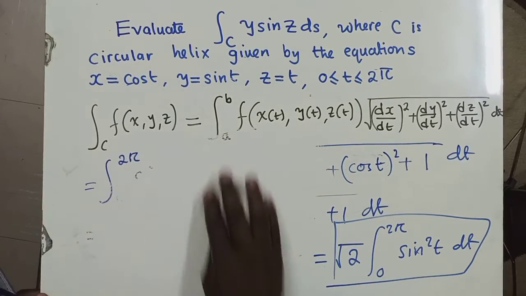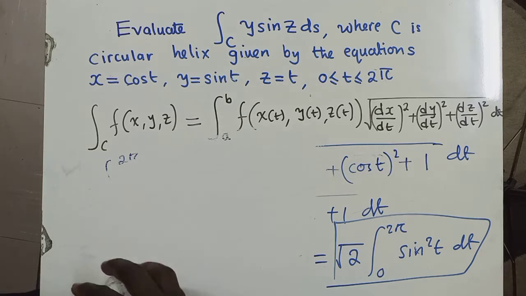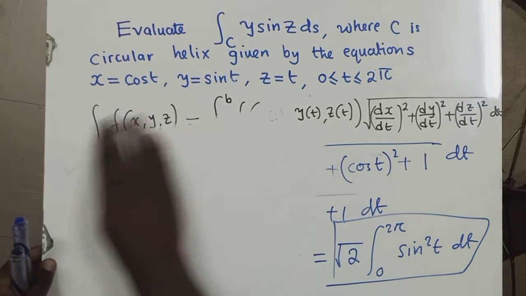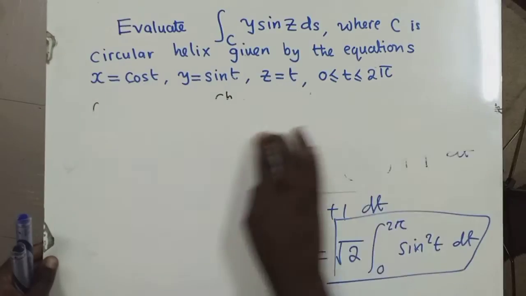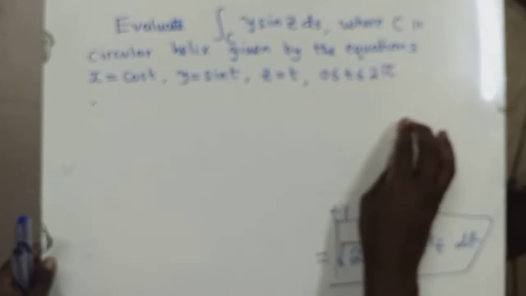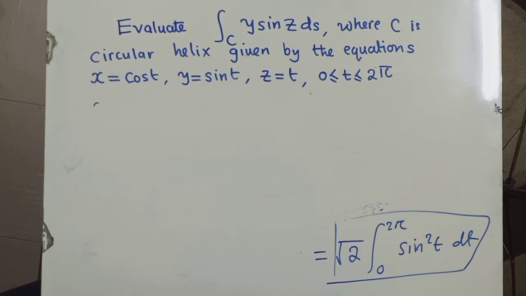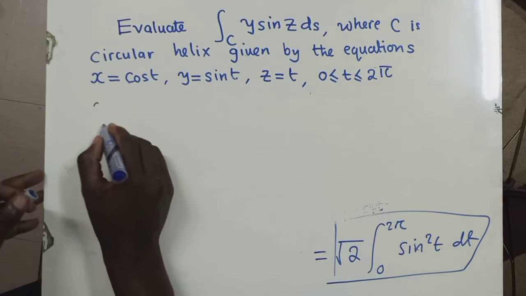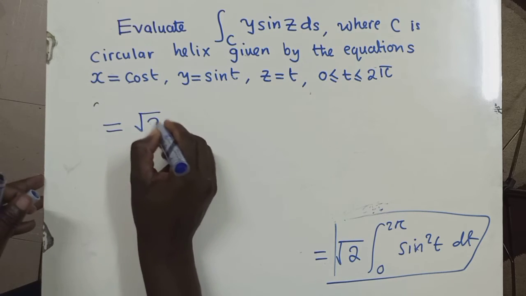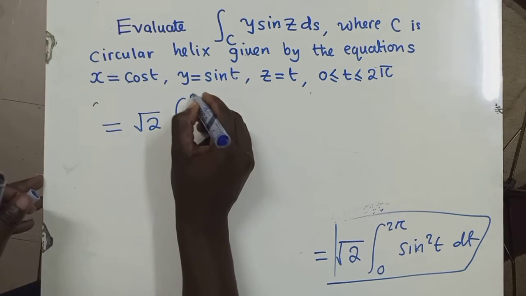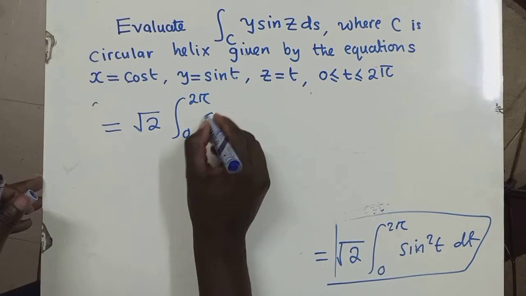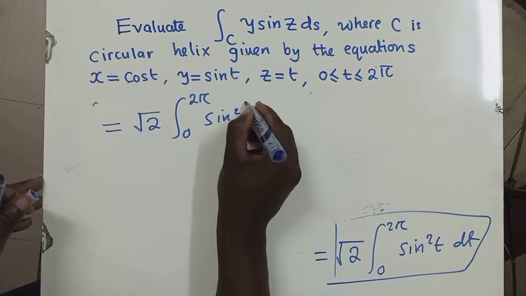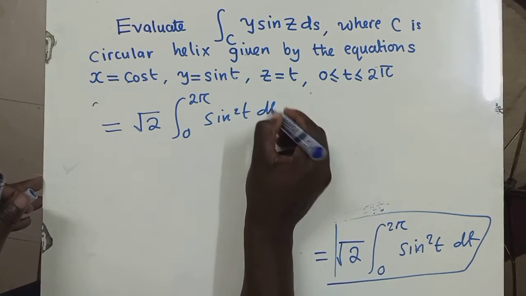So how to integrate? Now how to integrate this one? Let me put it here. We have root of 2, integral from 0 to 2 pi of sine t squared dt.